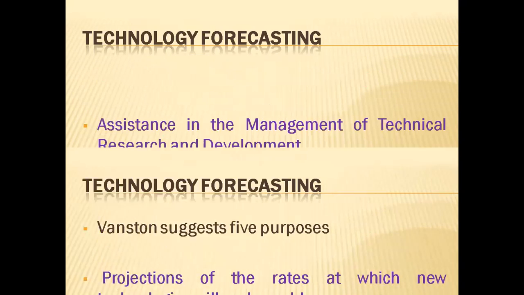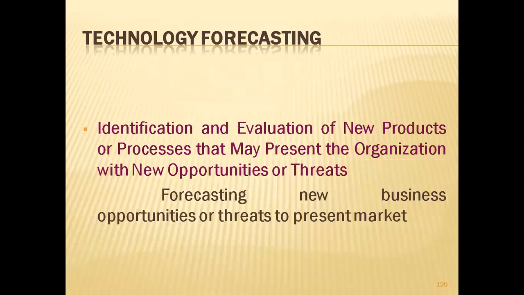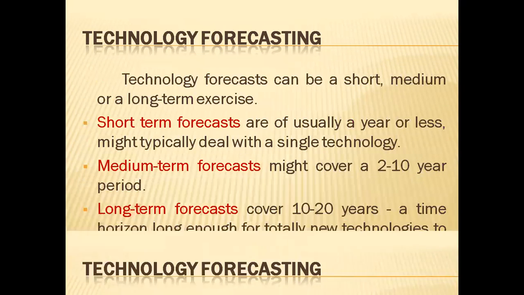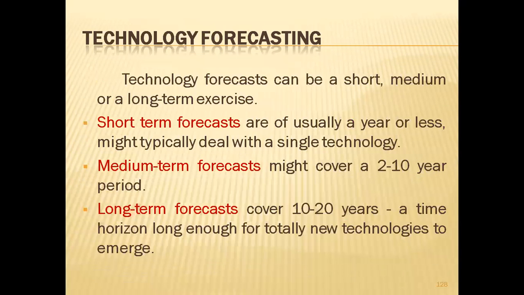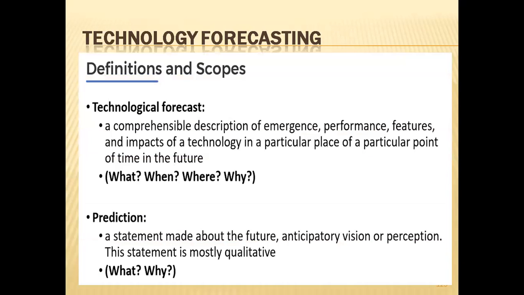These are the objectives of technology forecasting. These are five major aspects: second, third, fourth, and fifth, which we have thoroughly discussed. Forecasting is basically of three different types: short term, medium term, and long term. One more point of view: a simple definition of technology forecasting is what, when, where, and why.